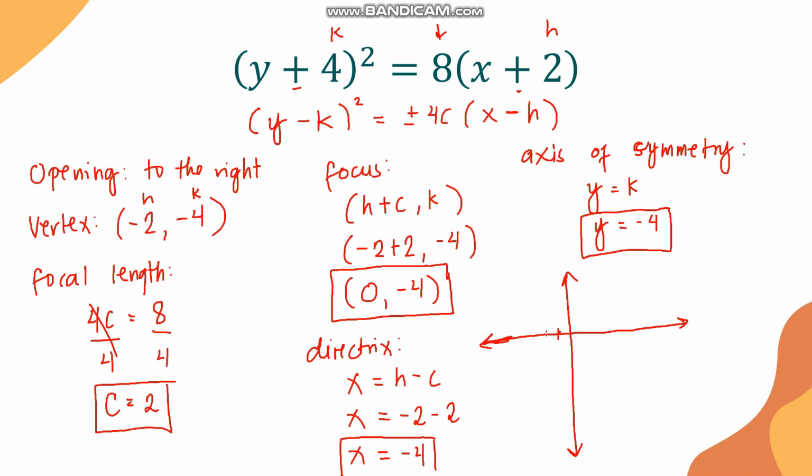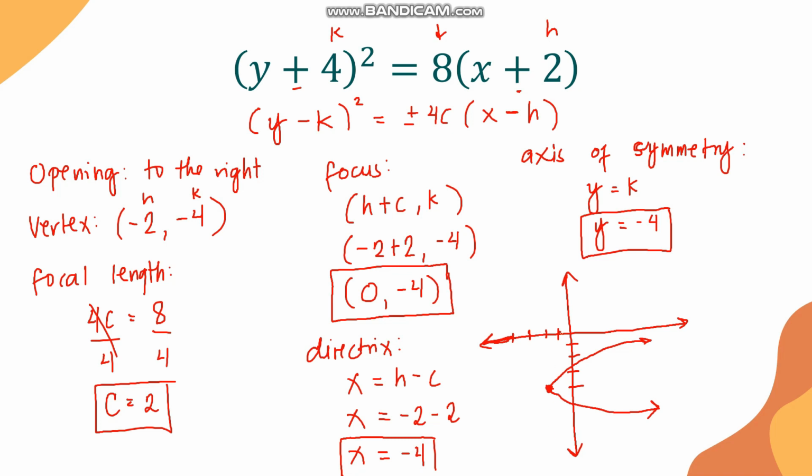So 1, 2, and negative 4: 1, 2, 3, 4. So there we have the vertex. And then let's draw a parabola that opens to the right.